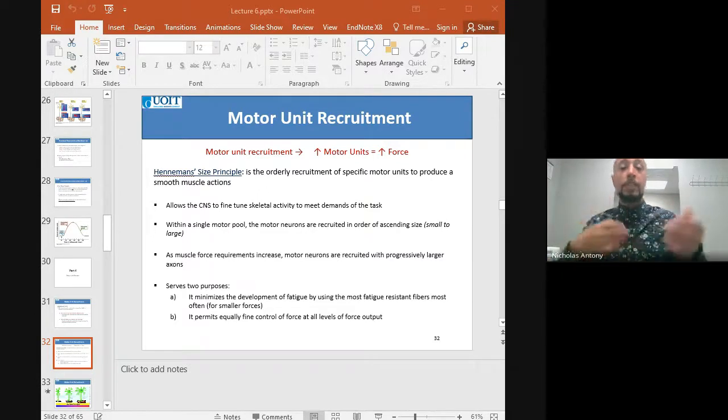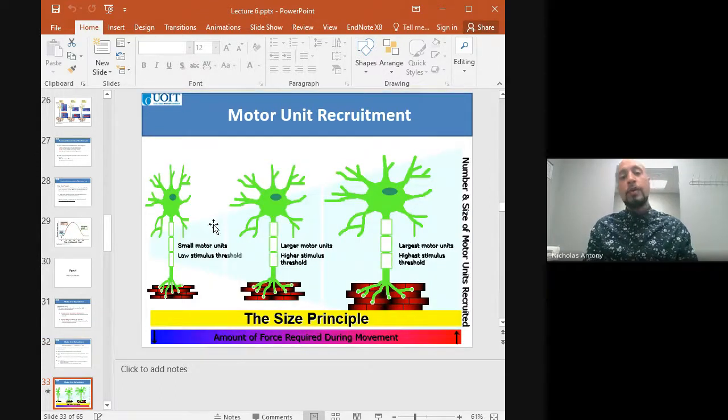So that stimulation is causing either a left or a right transition. Interesting, right? So here we see the difference in the size.